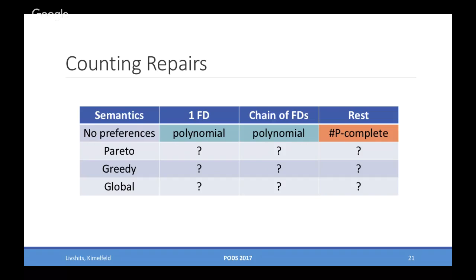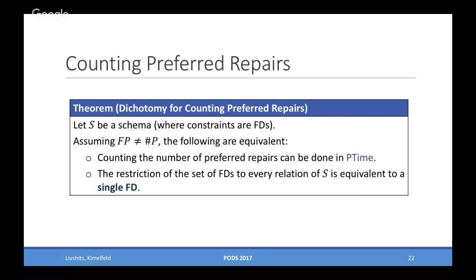And the next question is, what happens when we add preferences to the picture? So for optimal repairs, we have the following dichotomy that holds for all three notions of optimality. Okay, it's the same result.